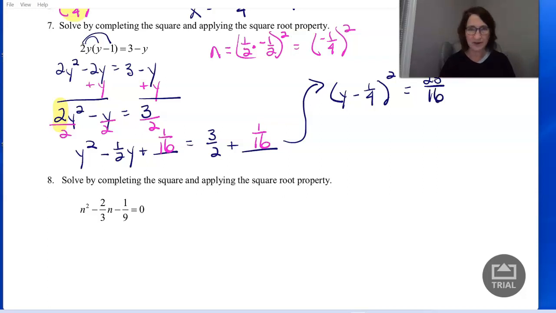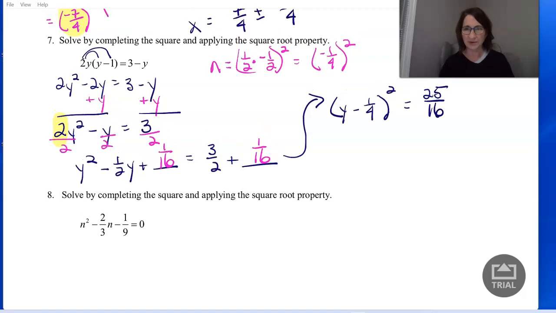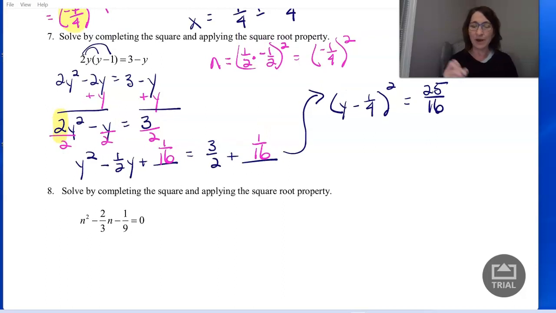You can do it with a calculator or you can do it manually. Now I'm ready. I've got this in the form I need, where I've got something squared equal to a number. That's the format you need to apply the square root property.